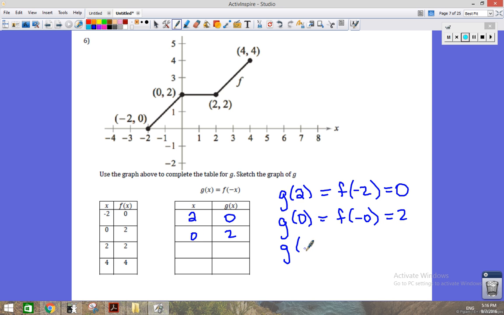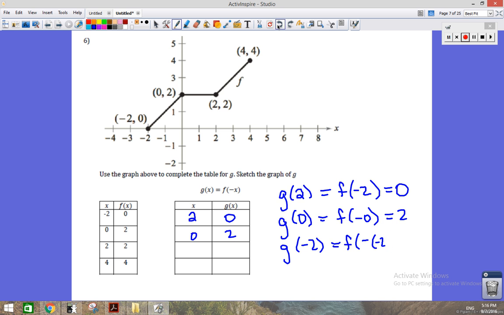g evaluated at -2 is, well, this is take the opposite of x. See, this x and the opposite of x, if this is -2, the opposite of -2 is +2.